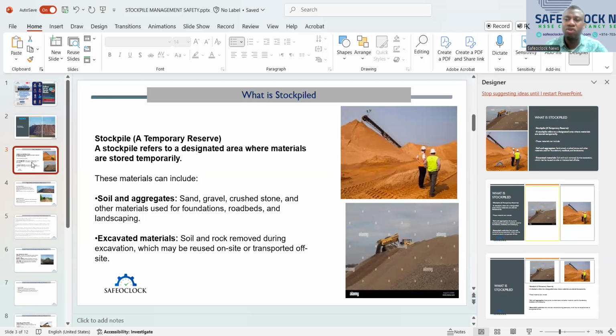And you don't just keep them anyhow. You need to properly manage them for the sake of safety, for the sake of people working there, for the sake of people around that area, so that you will not create more hazards while trying to remove the hazard from your working area. Those are part of the things we'll be looking at today.